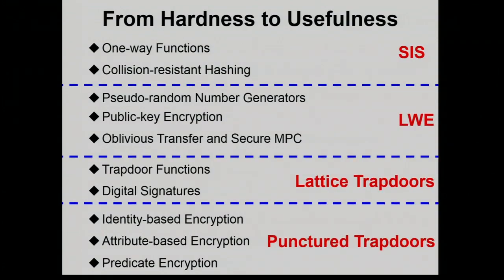The good thing about this vast collection of cryptographic objects is that you can distill a few lattice techniques that enable you to build all these things in one shot. And these are the things.